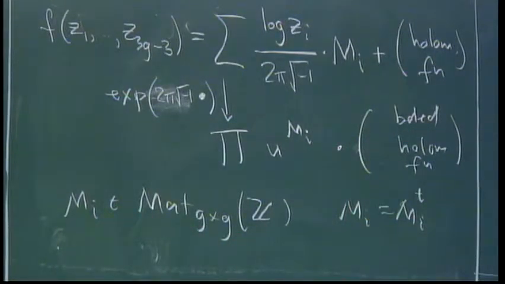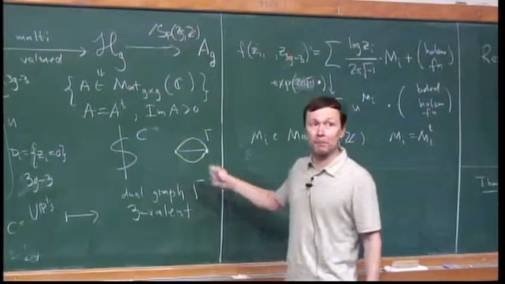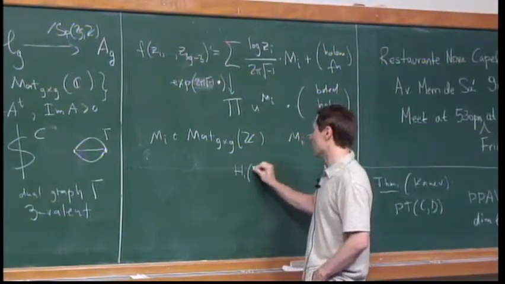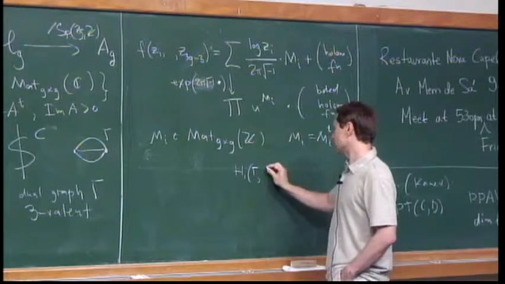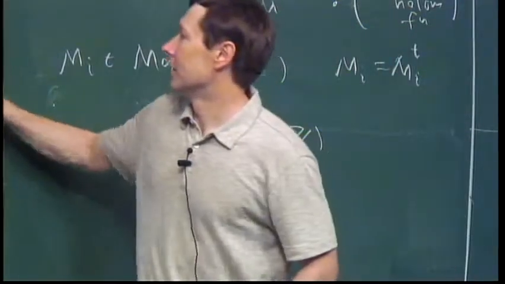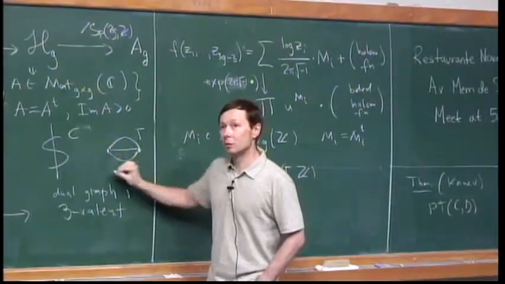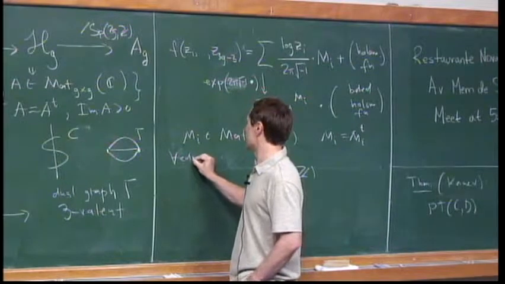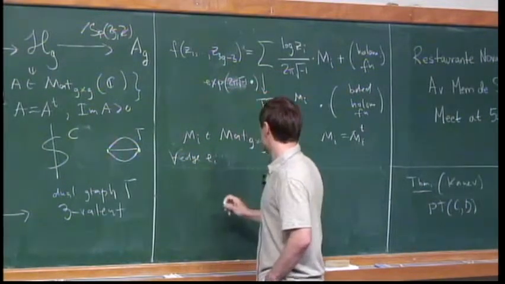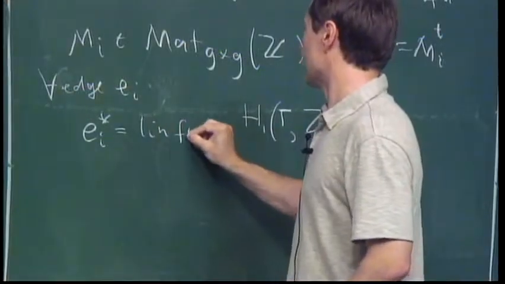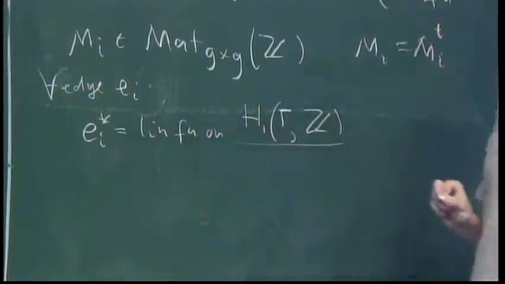And I want to tell you what they are. So you have this dual graph gamma, and you look at the first homology of this graph. In this case, it's Z squared. So these are loops here. And now for every edge e_i, you have e_i star, which is a linear function on this space.